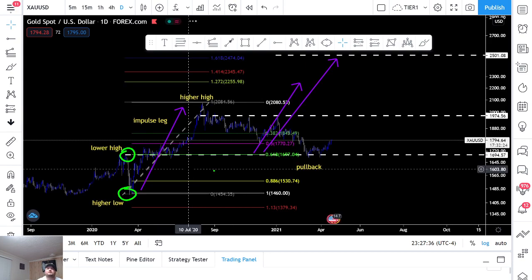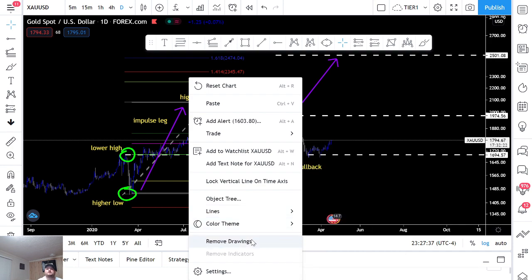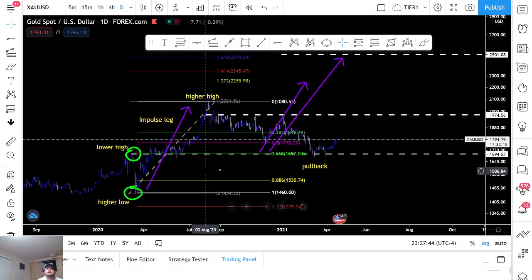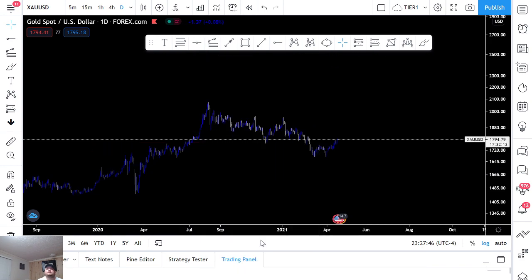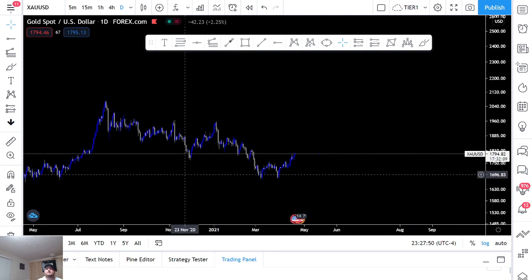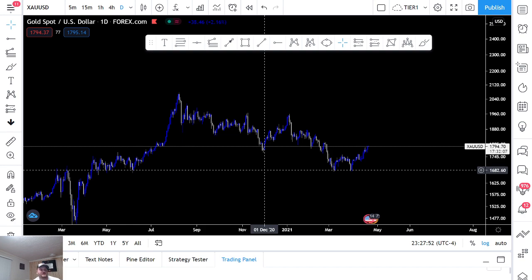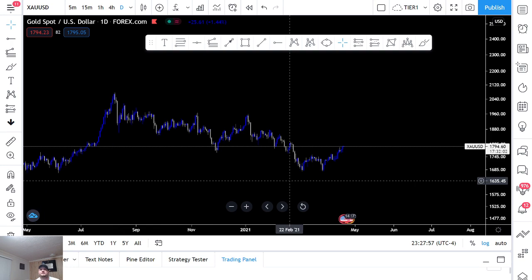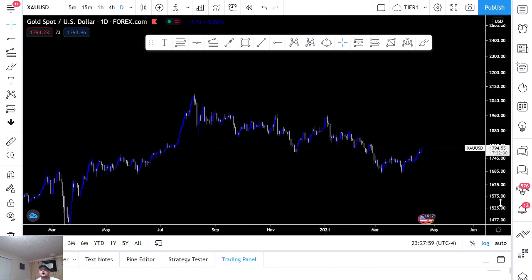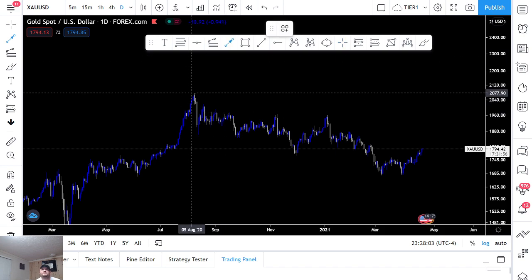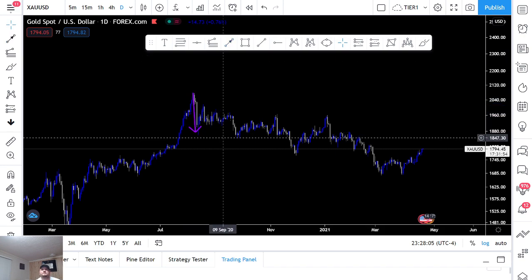So yeah, let's delete all this real quick. When I say it all starts with the impulse leg, we can go like, is this an impulse leg?